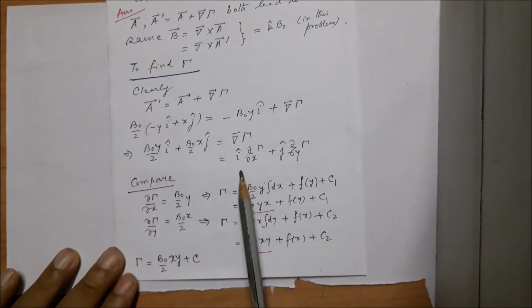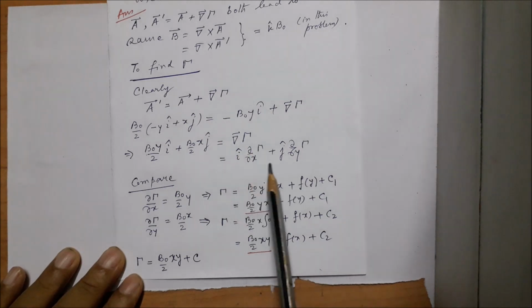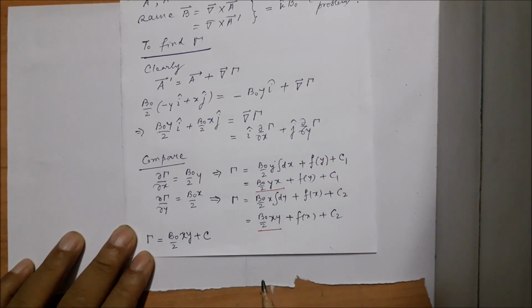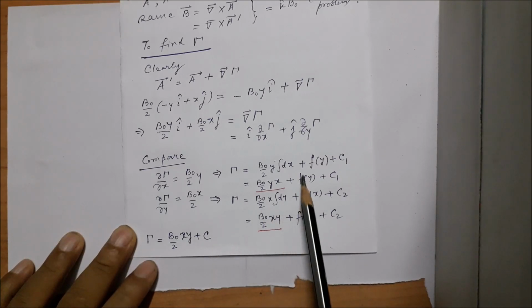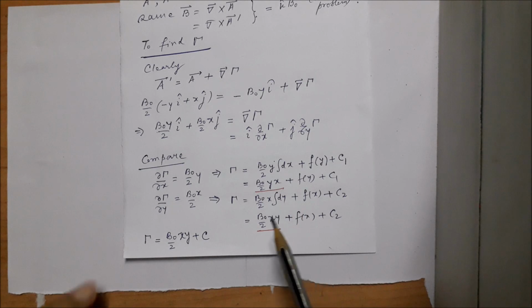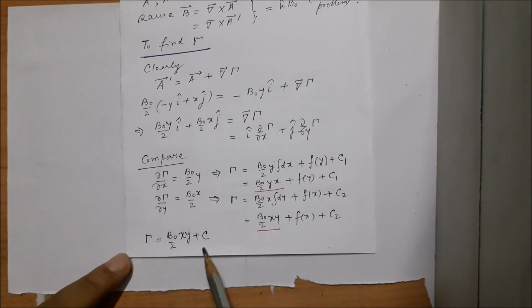So we can write it in this way. Grad gamma can be expanded, and then we can compare, and finally simple calculation gives us gamma. And we have done these things in mathematical physics class, the technique of calculation of partial differentiation. So we end up with this gamma.